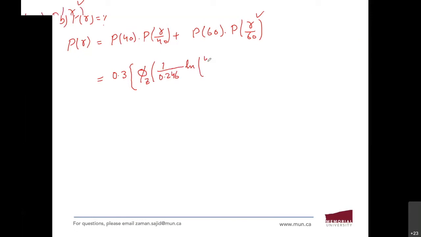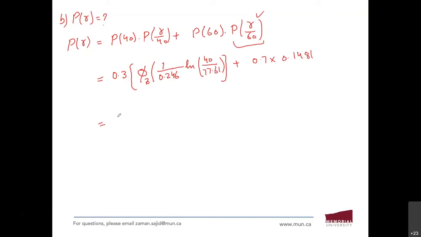Now we're interested to find at 40 over your y naught value, which was 77.1, plus this is given to you, probability at 60, which is 0.7, times this probability we just found out in part 1, which is 0.1481. So the only part that you need to solve is this one.